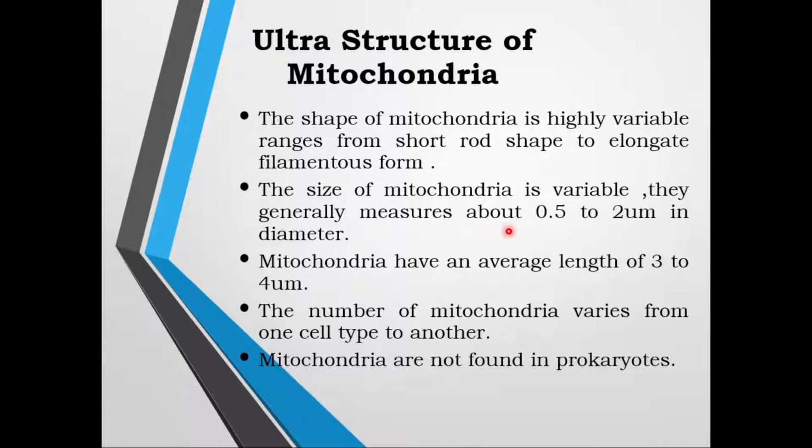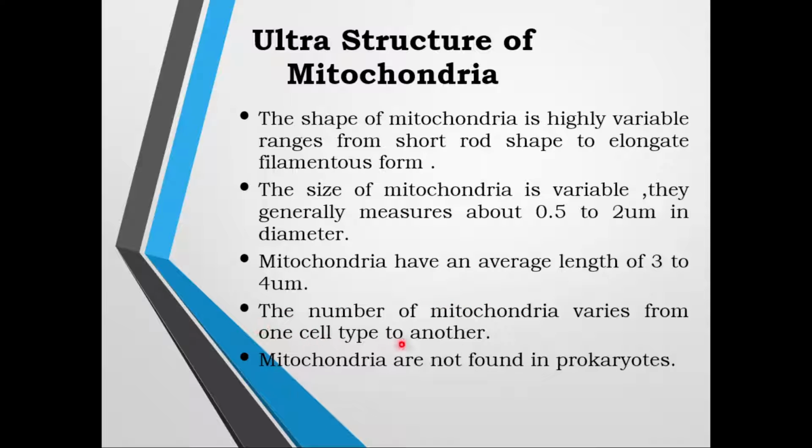See the measurement here, 0.5 to 2 micrometer, this is the range of diameter of mitochondria. Mitochondria have an average length of 3 to 4 micrometer. So diameter is 0.5 to 2 micrometer, and length may range from 3 to 4 micrometer.